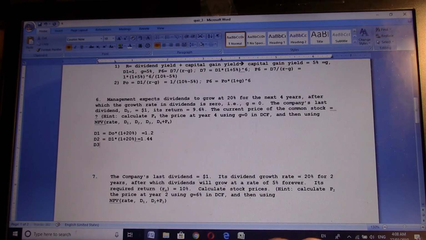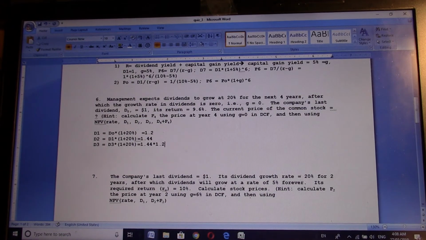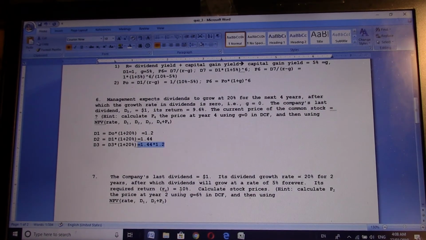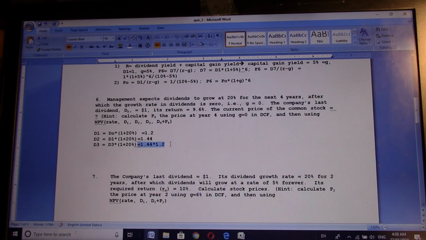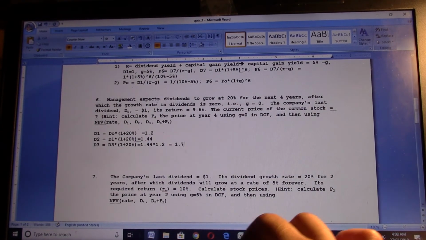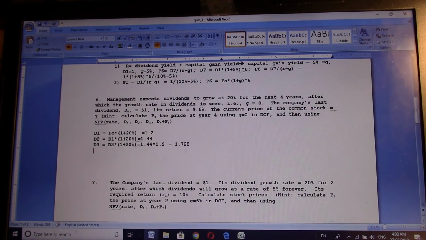And D3 is D2 increased by another 20%, so it equals 1.44 times 1.2, which equals 1.728.